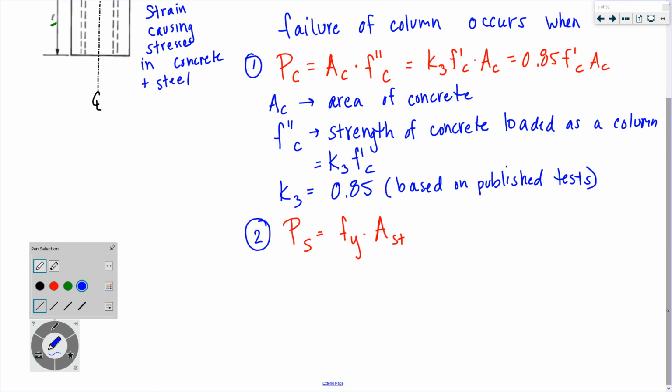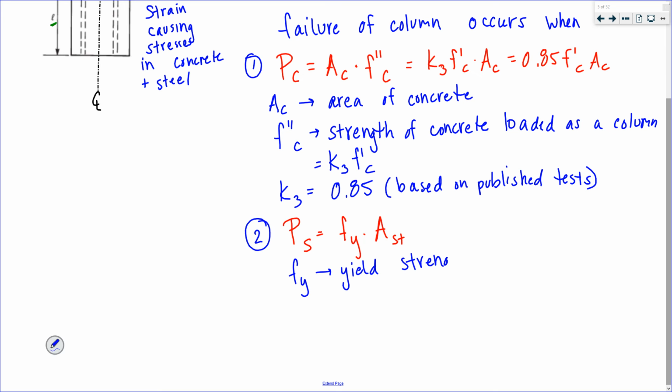These are probably more familiar numbers, right? That's my yield strength of my steel, longitudinal steel.